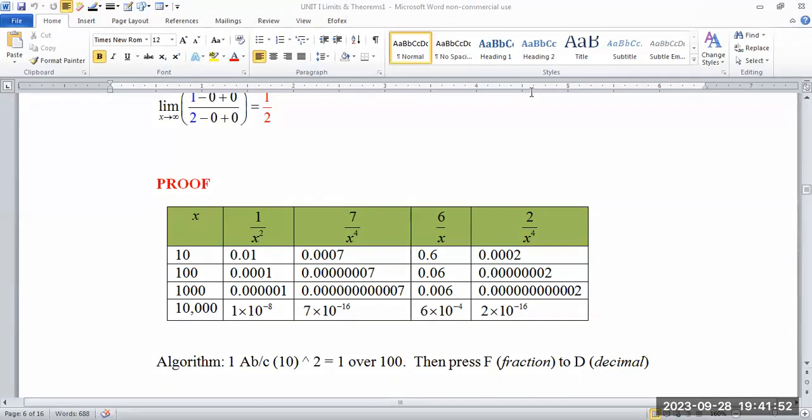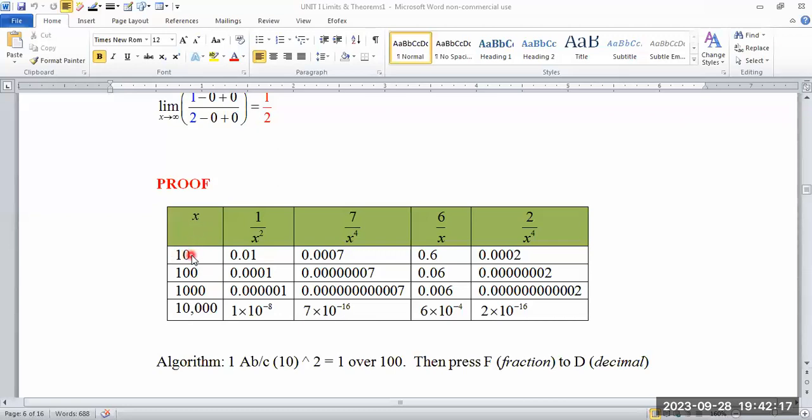Here, I'm trying to show you that if I have 1 over x squared, 7 over x to the fourth, 6 over x, and 2 over x to the fourth, they will all go to 0 when x is moving towards infinity.